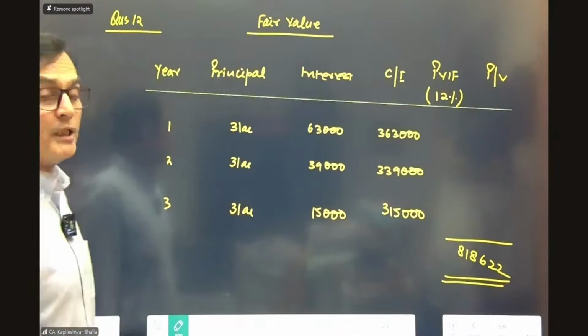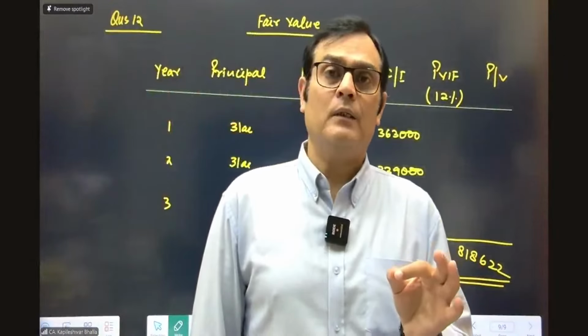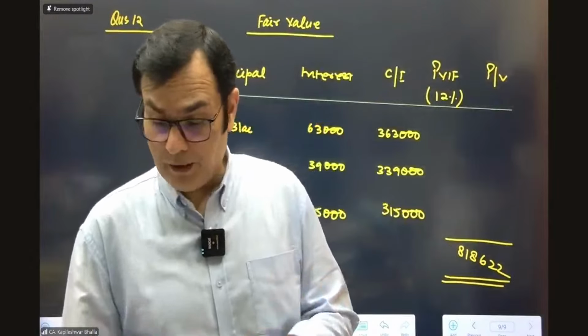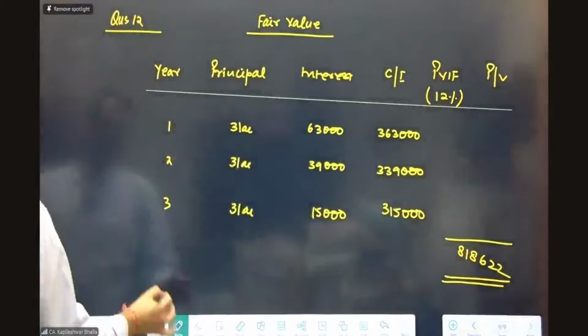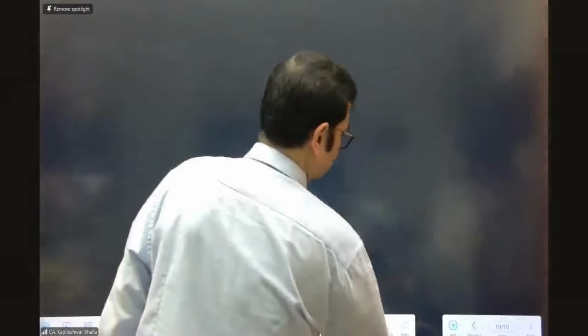So with this particular chart now, we can simply organize the entry at day one when the loan is given, which is supposed to be on 1st April 17. So let me just organize the entry as well, or maybe we can just do it on the next slide.